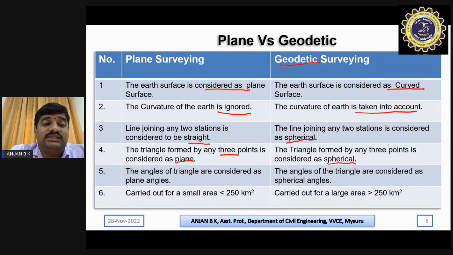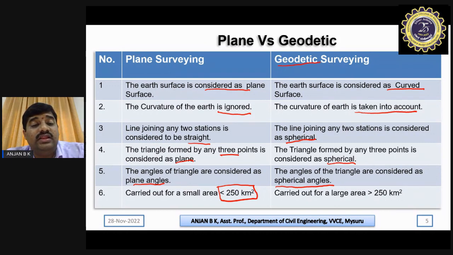The angles are plane angles in plane surveying, whereas in geodetic surveying they are spherical angles. Generally, any area less than 250 square kilometers is considered plane surveying, and any area more than 250 square kilometers is classified as geodetic surveying. The Survey of India conducts the geodetic surveying, and the survey we do for local regions is plane surveying.